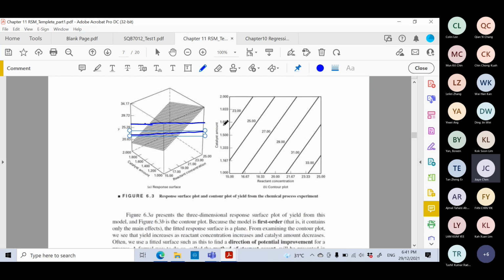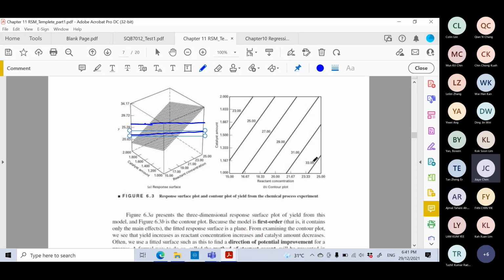So as you can observe in the contour plot here, the yield is 23, 25, 27, 29, and so on. This means that you use the high level of the reaction concentration, and at the same time you lower your catalyst amount, then they move towards the higher yield of the chemical process.